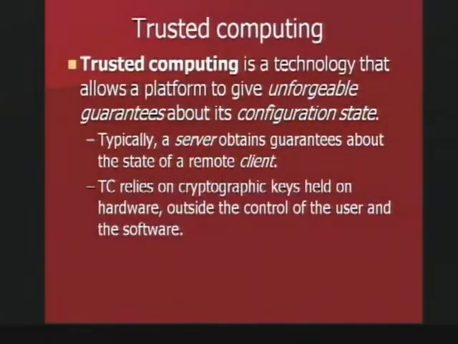Okay, so trusted computing technology is technology that allows a platform to give unforgeable guarantees about its configuration state. What that actually says is that I want something that's unforgeable, which implies that there is some type of digital signature being used.